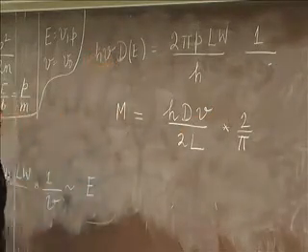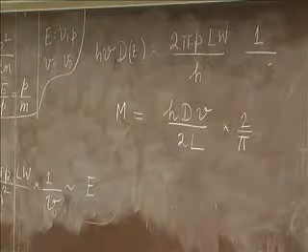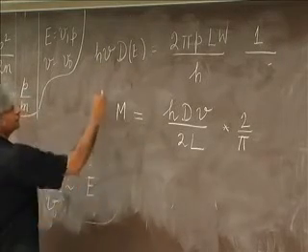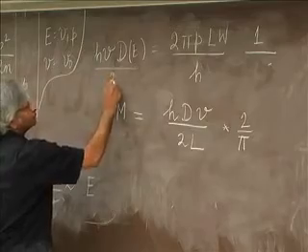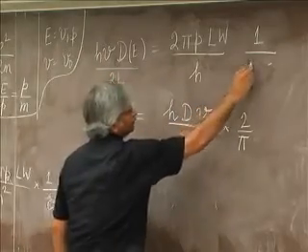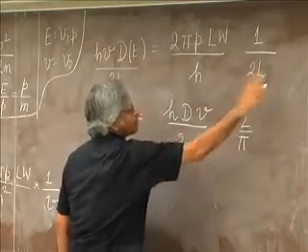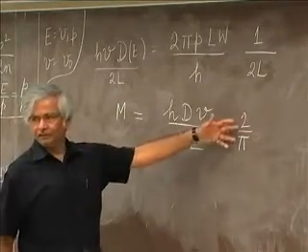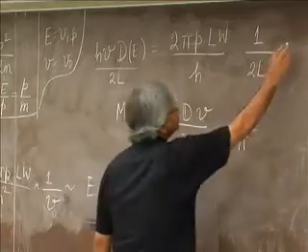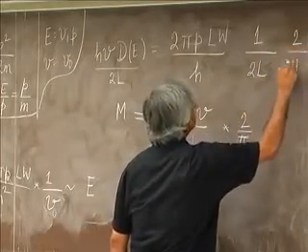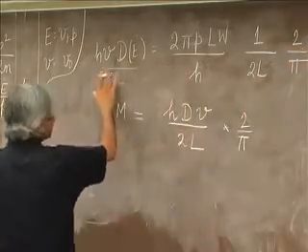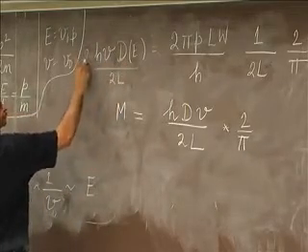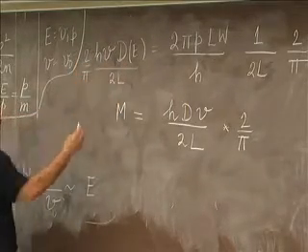So that's h dv. Next, I have to divide by 2L. So I'll put a 2L here, and I'll put a 2L here. And then I have this extra 2 over pi. So what I've done is essentially h dv over 2L times 2 over pi, and that basically should be m.